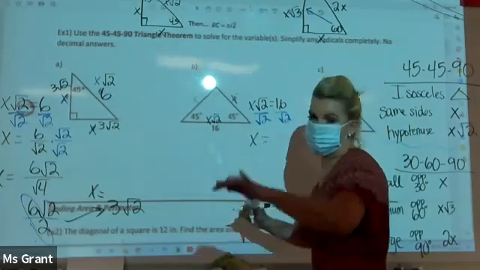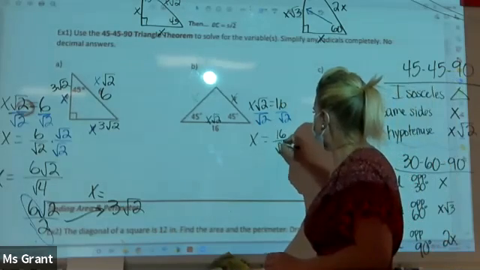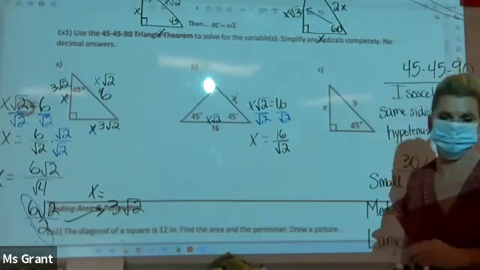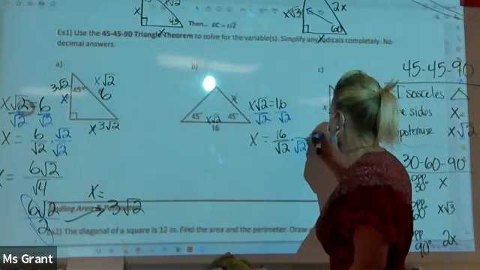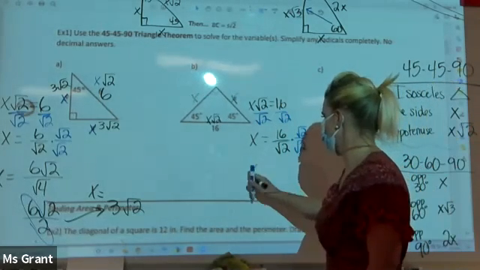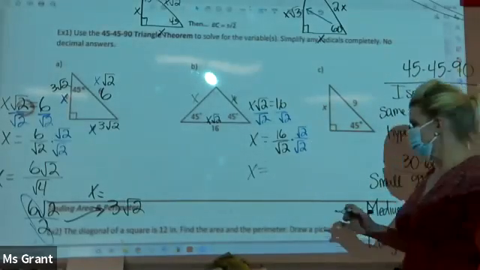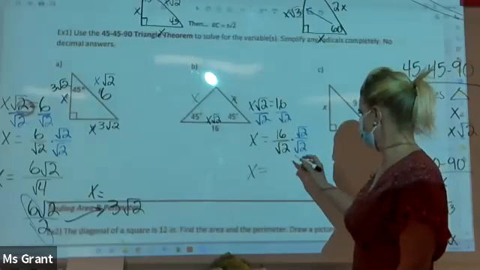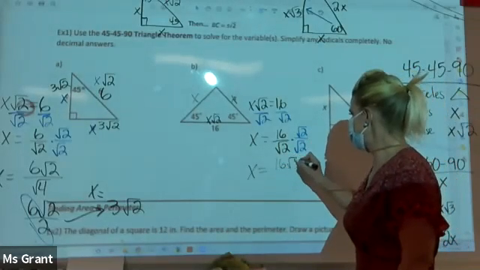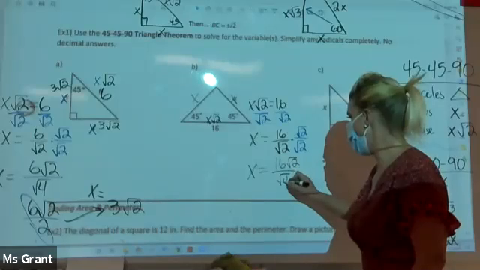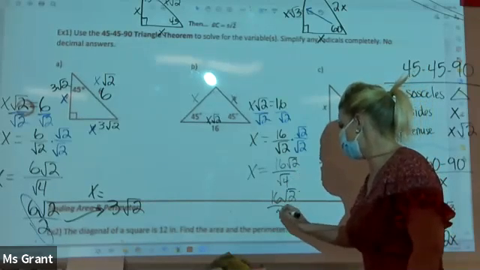X equals, I divided by rad 2 on both sides. 16 divided by rad 2. Rationalize the denominator. Multiply straight across. 16 rad 2 over rad 4. 16 rad 2 over 2.